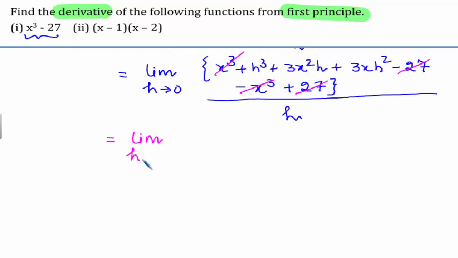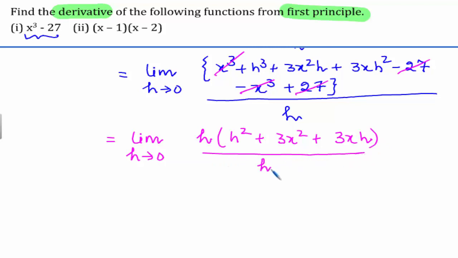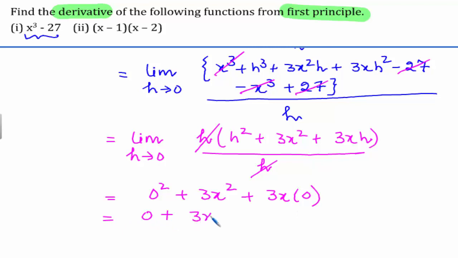Now taking h common from the remaining terms we have h square plus 3x square plus 3xh, divided by h, and this is equal to, now since h tends to 0, replacing h by 0, here we have 0 square plus 3x square plus 3x into 0, which is equal to 0, plus 3x square plus 0, which is equal to 3x square.